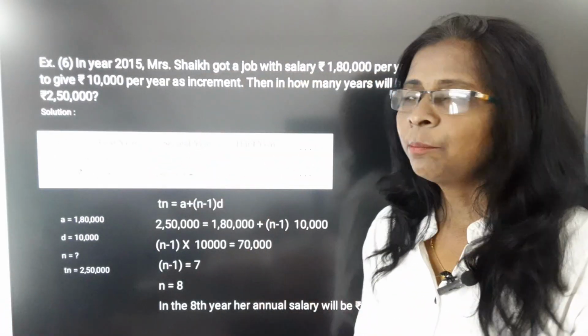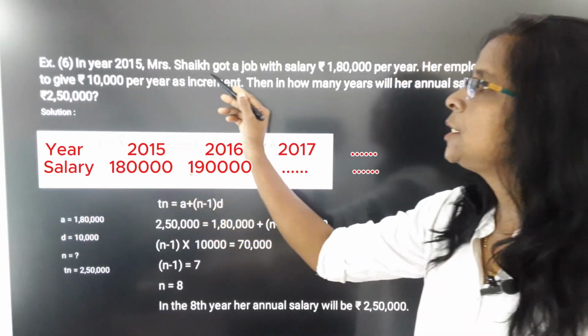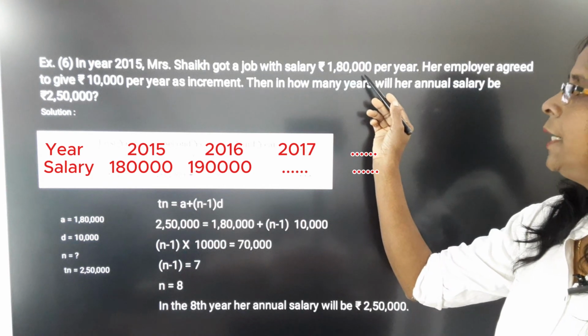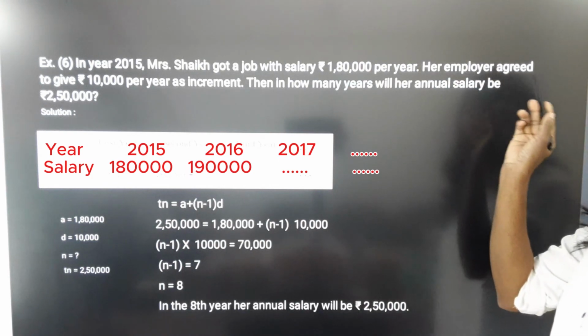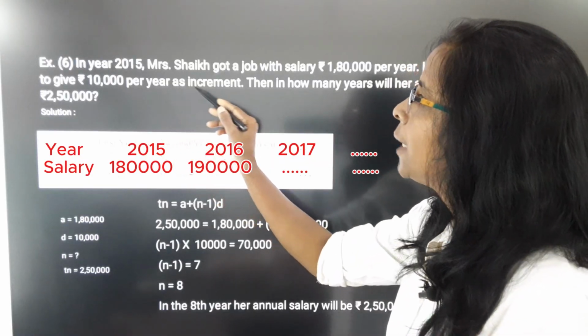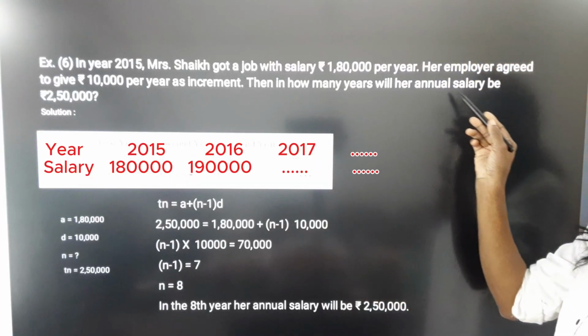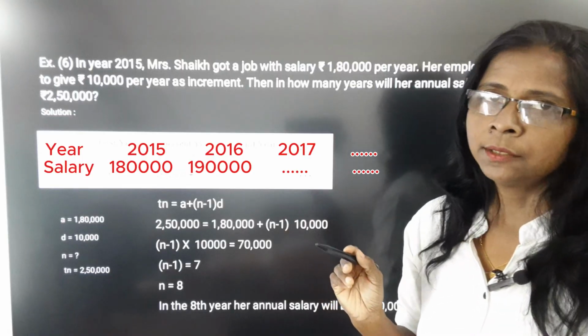See the next example, students. In the year 2015, Mrs. Shaikh got a job with a salary of rupees 1,80,000 per year. Her employer agreed to give rupees 10,000 per year as increment. Then in how many years will her annual salary be 2,50,000?